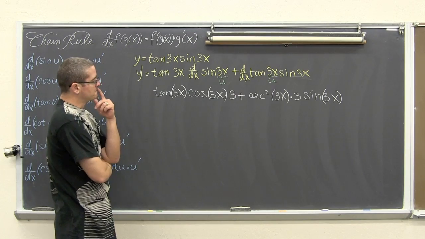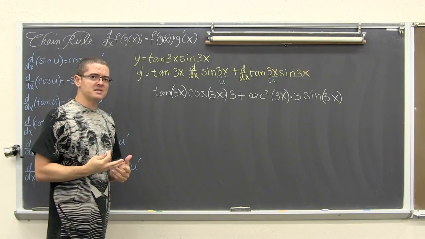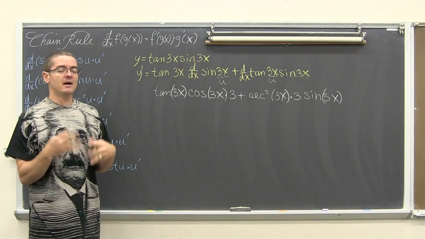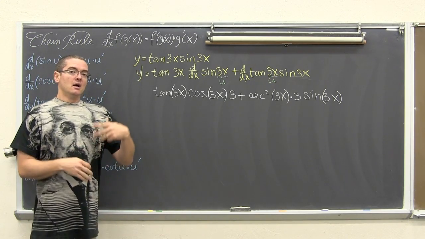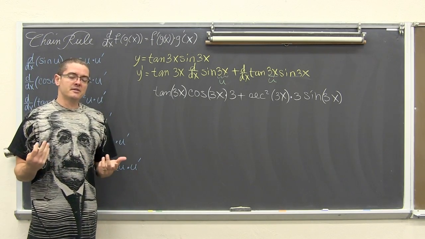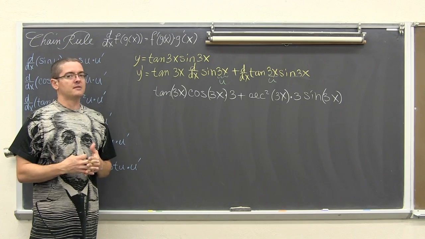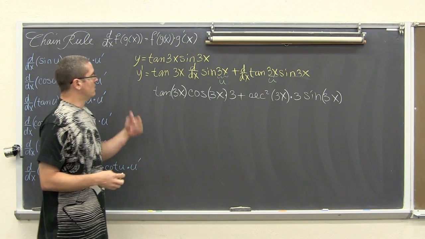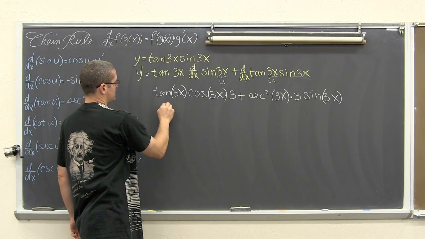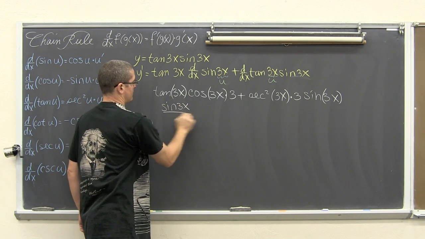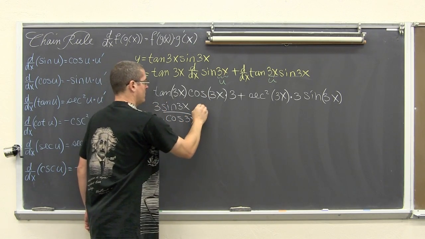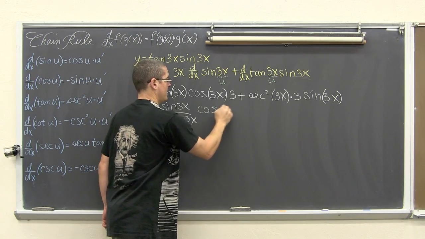Okay, now at this point, besides moving the 3's out front, again, the difficulty with doing derivatives, especially with trig functions, is you might get an answer that's not in the back of the book, though everything you did is correct. So if your teacher's not expecting this to be a single term and only be in terms of sine and cosine, you might go, well, let's see, I'm going to move the 3 out front, and tangent is sine of 3x over cosine of 3x, and the 3 out front. And here we have the cosine of 3x.